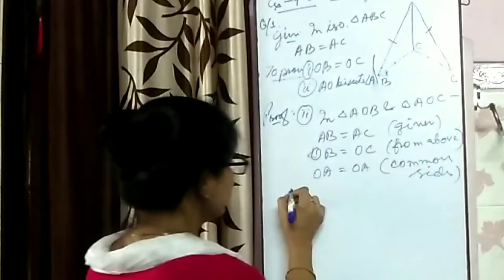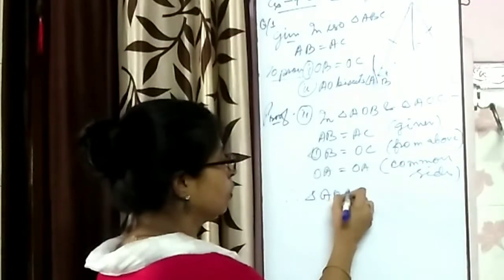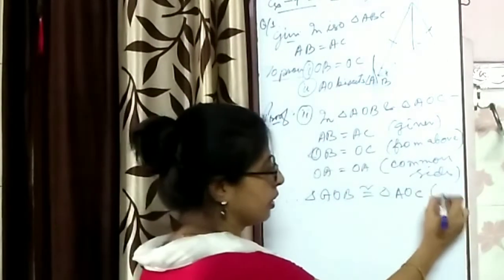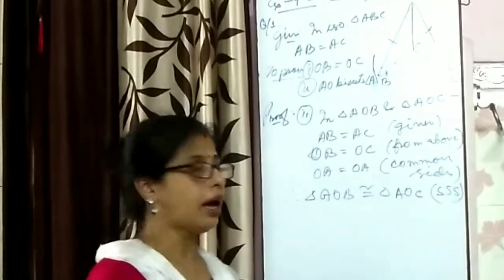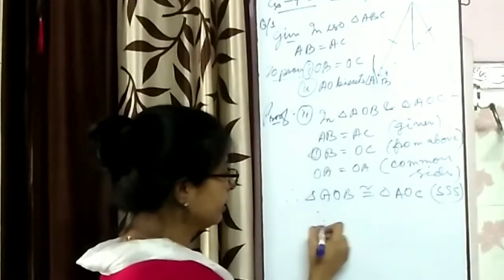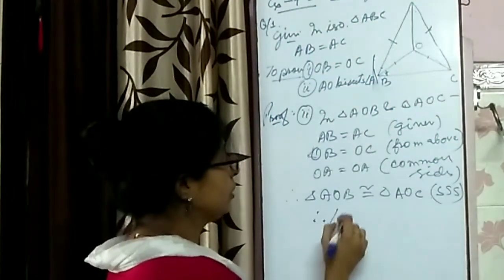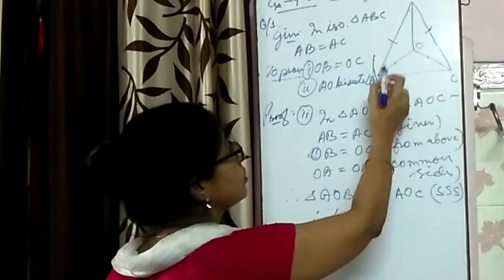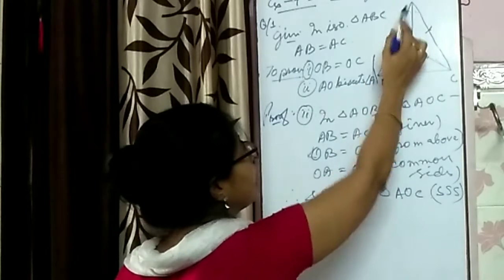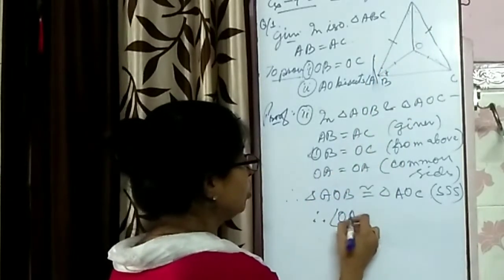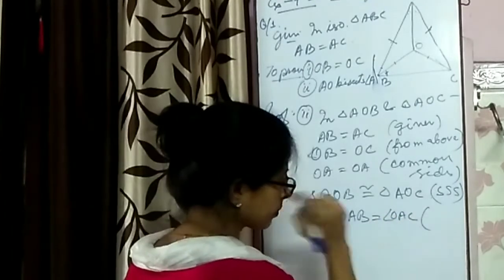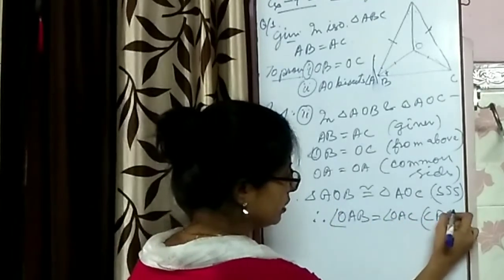Therefore, triangle AOB is congruent to triangle AOC. This time it would be SSS. After making the triangles congruent, whatever parts you need can be made equal. This angle is to be made equal to that. Angle BAO, or you can say OAB, is equal to OAC by CPCT.